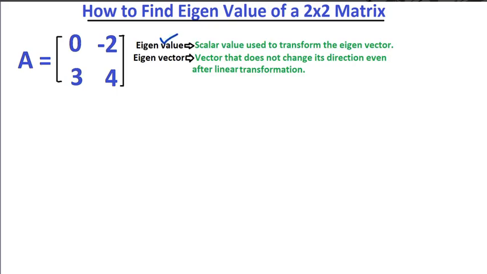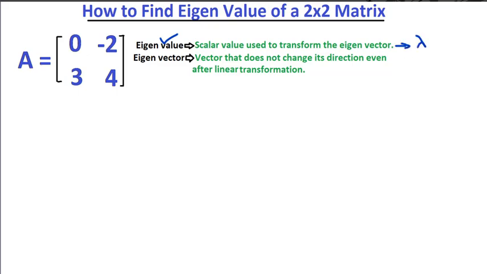Scalar value means it has a magnitude only, it has no direction, and it is used to transform the eigenvector, meaning the eigenvector will be scaled by this eigenvalue, or scalar. It is a scalar value that represents how much the eigenvector will be scaled. It is represented by lambda.